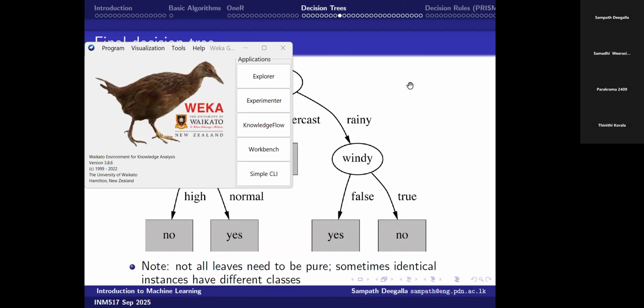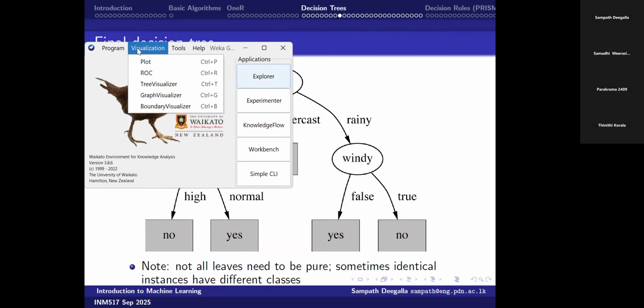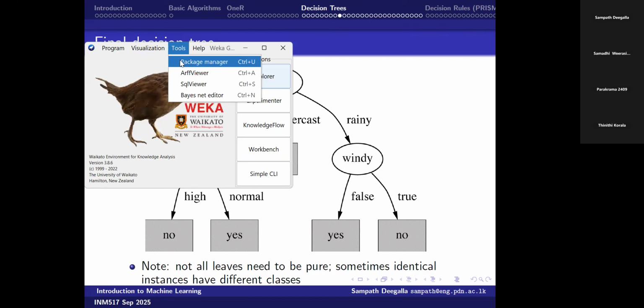So if you can't find ID3, there's a reason for this. There's something called the package manager. If you go to Tools and find Package Manager, some of the algorithms are not included and you have to install them separately. So let me go to Tools and Package Manager.